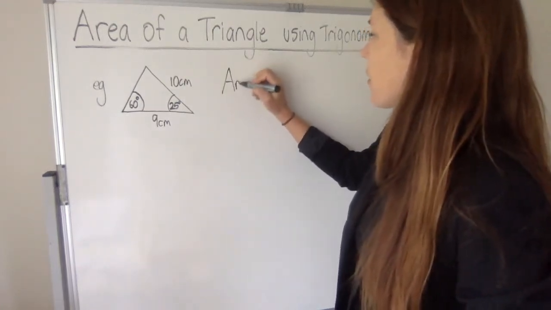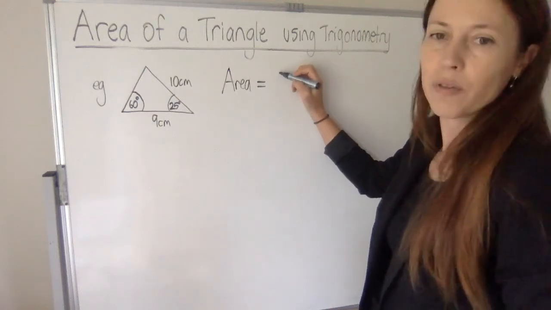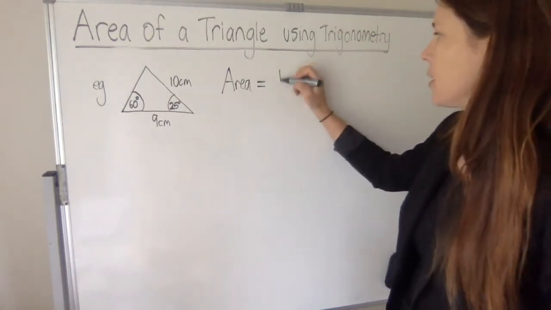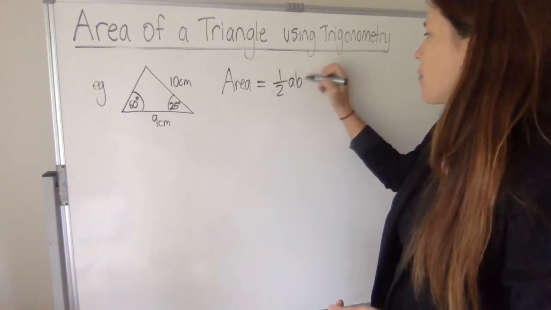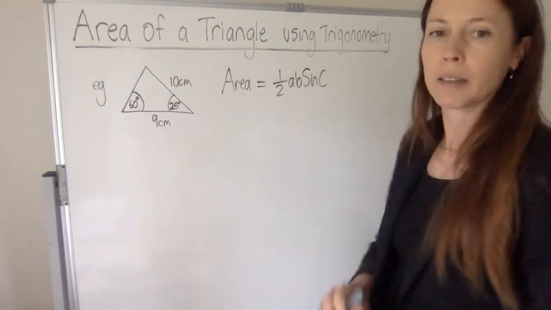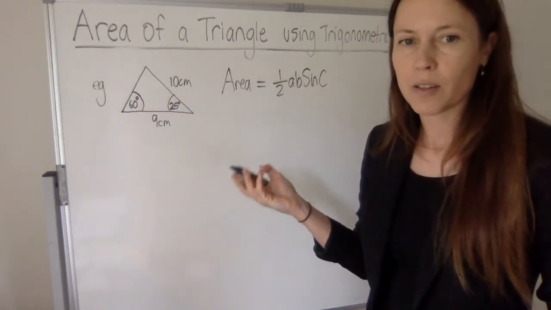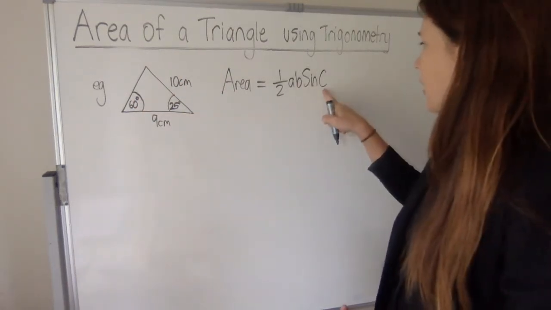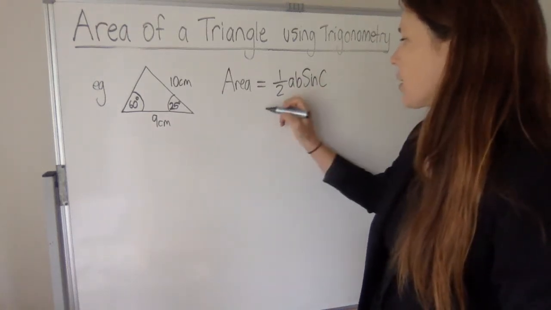So to find the area of this triangle, area equals, start by writing the formula out. If you write it every single time, after a while you just know it. So I'm going to say half AB sine C, right? Now write it down that way even if you don't have A's and B's and C's on your picture, because once you look at that, it'll just remind you, oh yeah, I need two sides and an included angle.